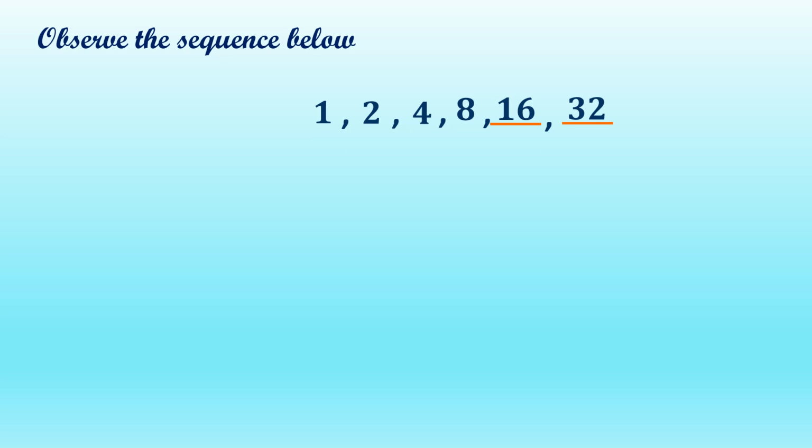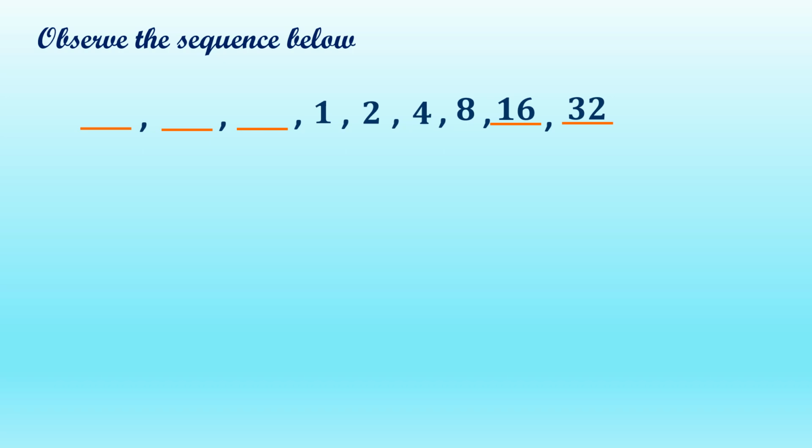Going to the right side of 1, we multiply by 2. What do you think are we going to do if we're going to extend the sequence going to the left side of 1? So what we're going to do is we use the opposite of multiplication, which is division.